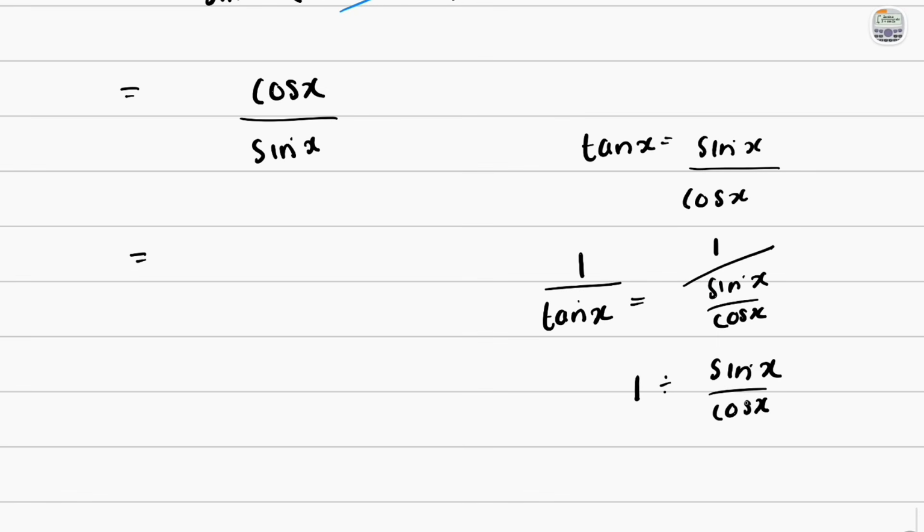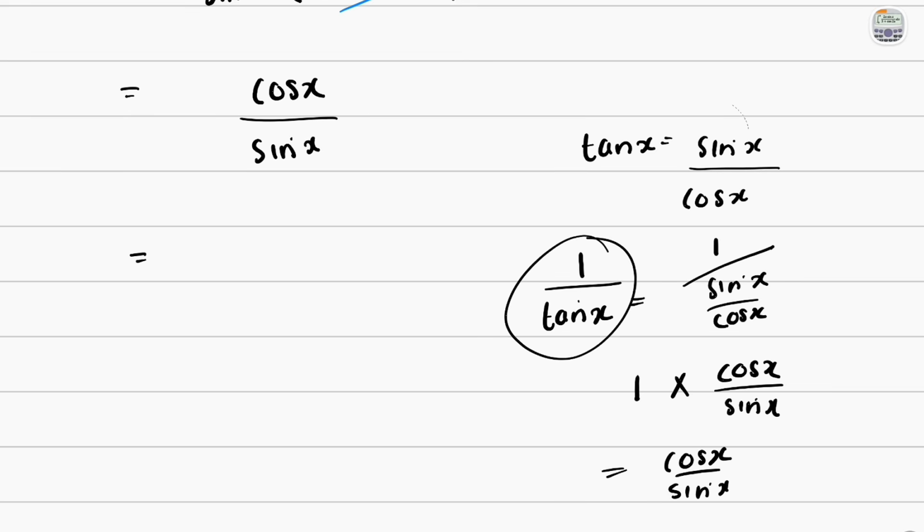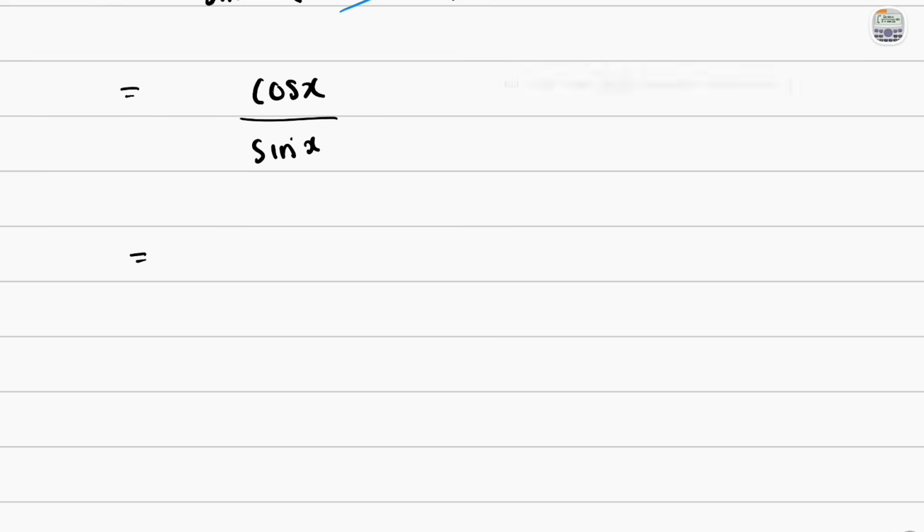And if you use tip and times, tip this, swap the numerator and denominator. So now cos x over sine x, and then you change the division to a multiplication. Do you see that 1 times this will stay cos x over sine x? So if you have cos x over sine x, not sine x over cos x, that is equal to 1 over tan x. And so we can see that this is just the reciprocal, okay? It's equal to 1 over tan x.